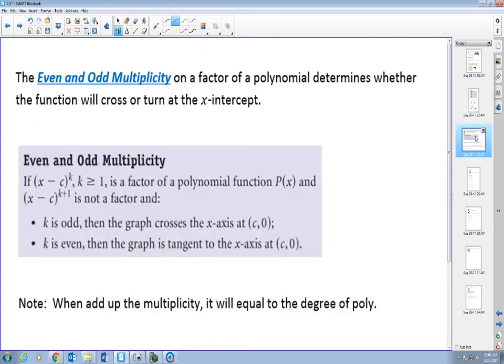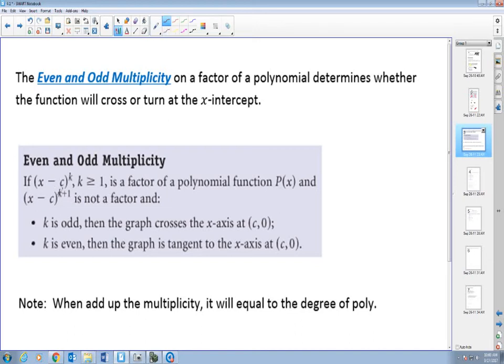Let's take a look at the idea of even and odd multiplicity. Even and odd multiplicity on a factor of a polynomial determines whether the function will cross or turn at the x-intercept. It determines the behavior of your graph around the x-axis.